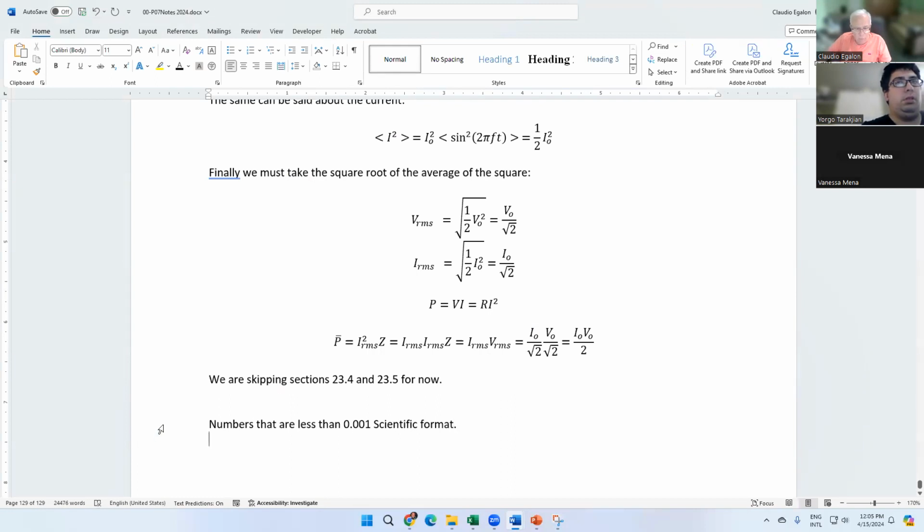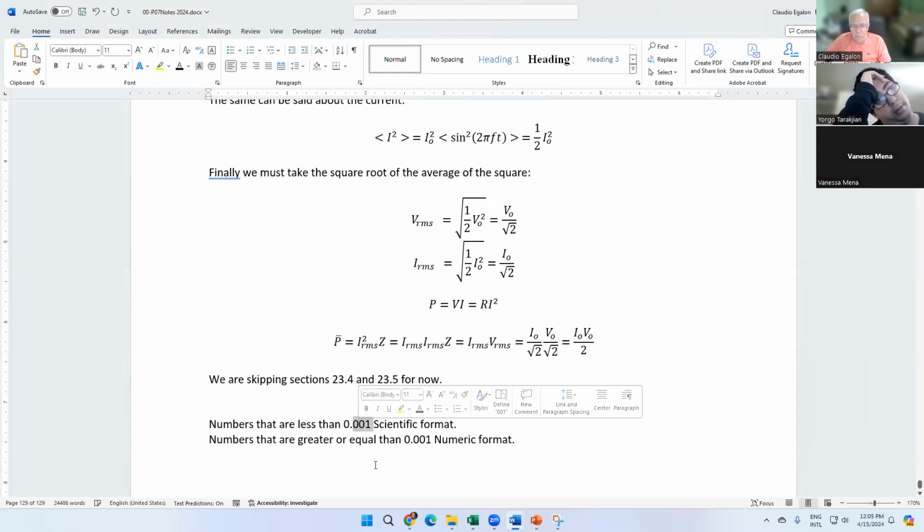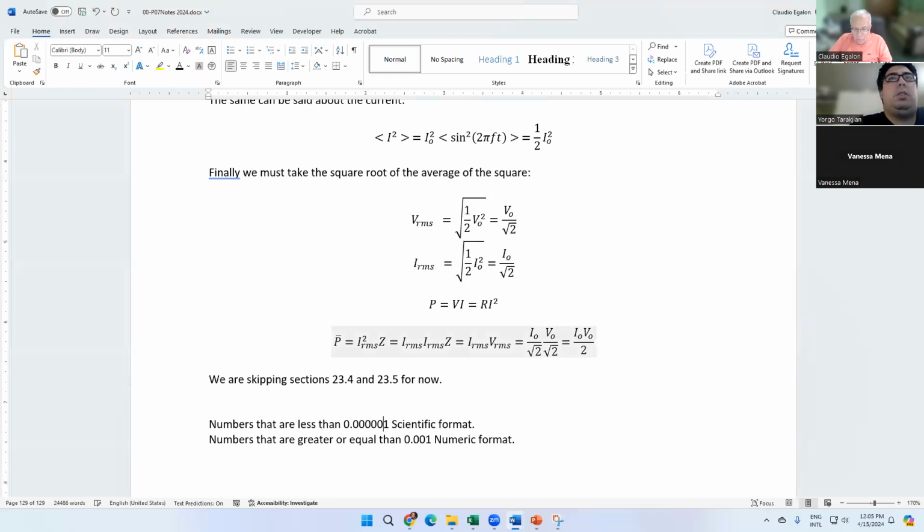Numbers that are greater or equal, you put the numeric format. That's a good rule of thumb to use. After 3 decimal places, it's difficult to visualize the number. When I keep adding too much stuff here, it's so difficult to count those zeros, right? It's better to put in scientific format.